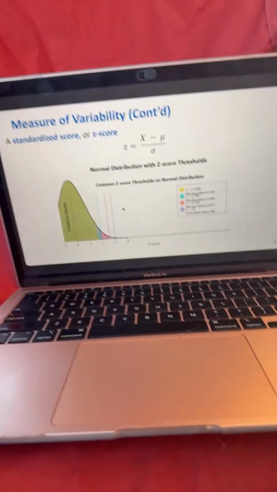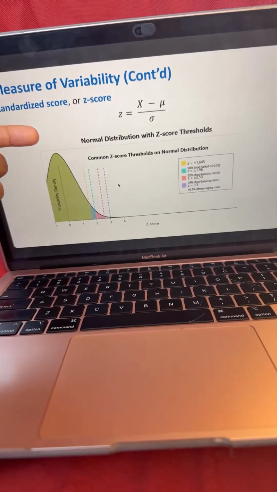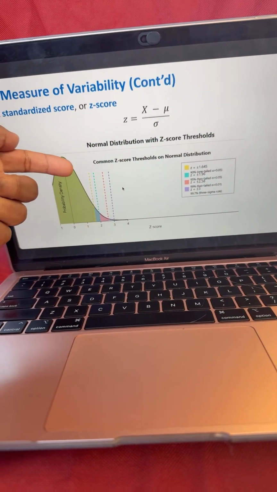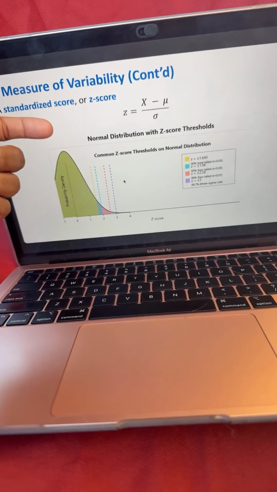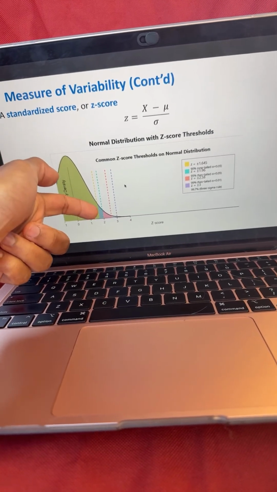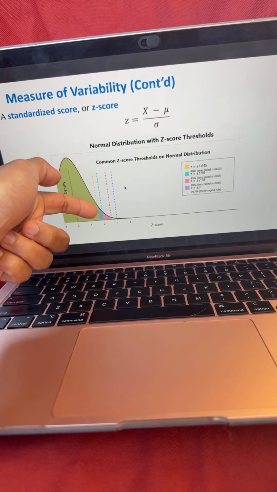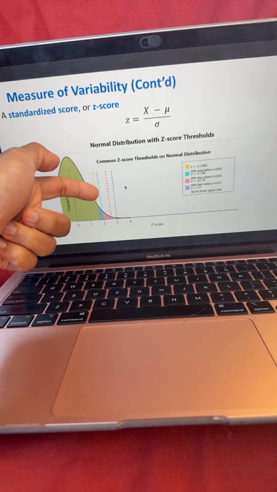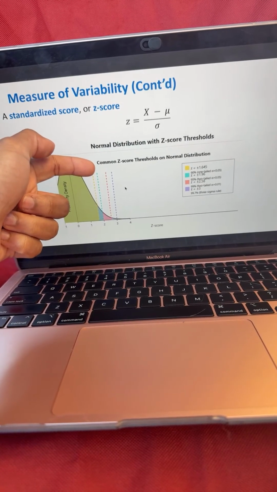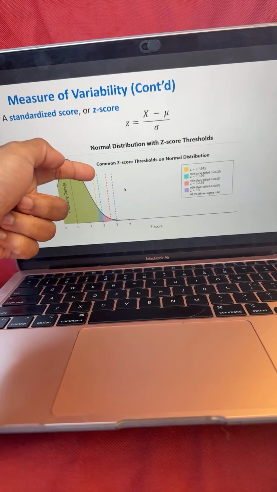Over here, let's look at this. This is a common z-score threshold on a normal distribution. So this yellow line is 90%, and this blue line is 95%.